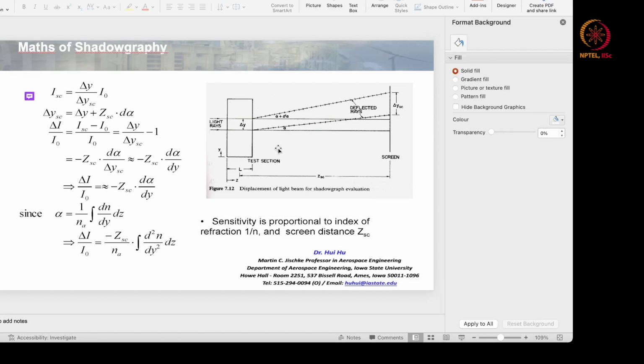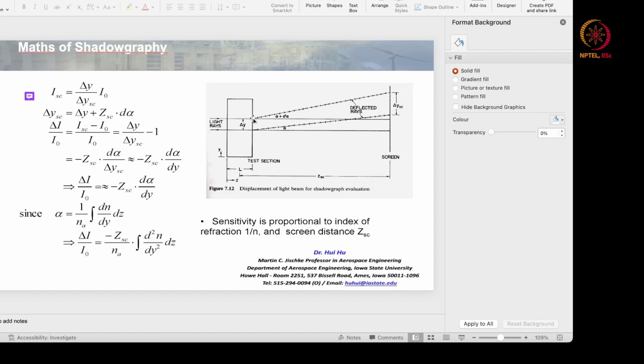As a result, let's assume that these rays now get deflected. So these are the deflected rays, and this is the screen. This parallel beam would have been the path of the light if there was no test section, no density variation, no refractive index change.